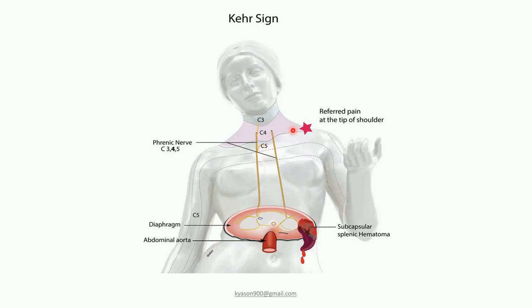So whenever pain signals are relayed from this area and from this area towards the segments of the spinal cord and then towards the brain, the brain may not easily identify or recognize the exact source of pain. That's why these patients will not only feel pain in the left upper quadrant, but also they will feel so much pain around the left shoulder because of that explanation. So that is called the Kehr sign, seen in those patients with ruptured spleen.